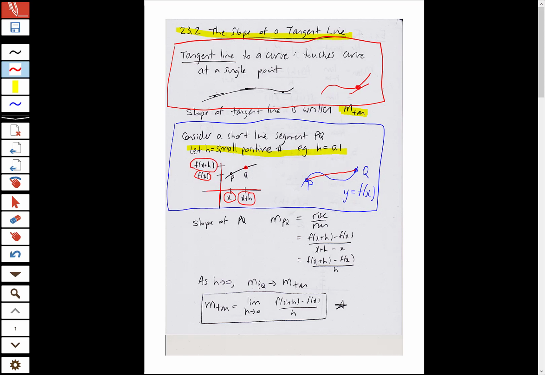So that's how we're able to figure out the coordinates for P and Q. We're going to redraw this diagram in a minute, and based on that diagram, we're going to see if we can figure out the slope of the line segment PQ. Once we've got the slope of PQ, then we'll be able to talk about the slope of the tangent line.